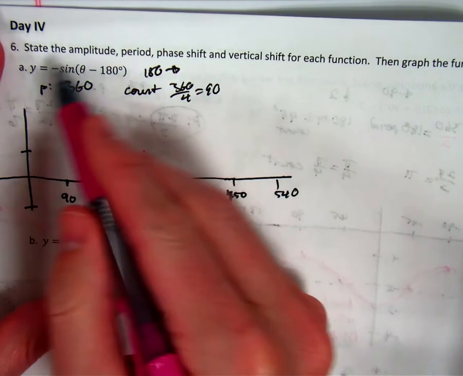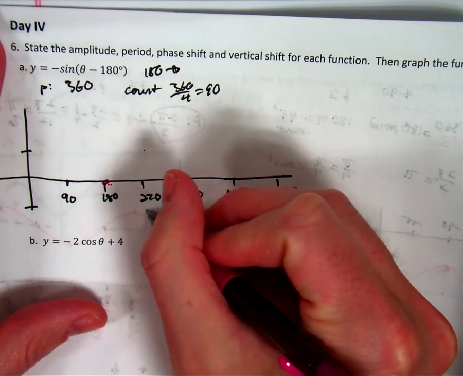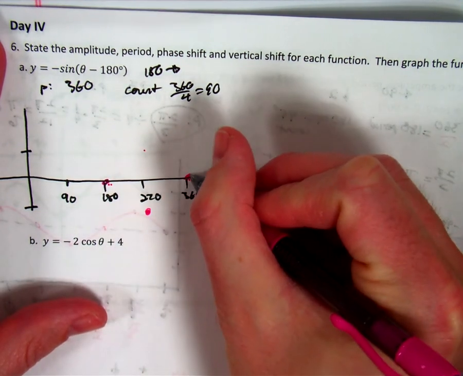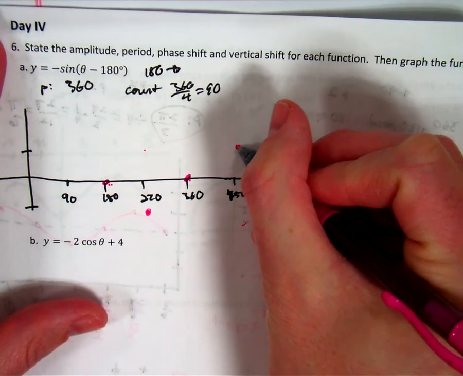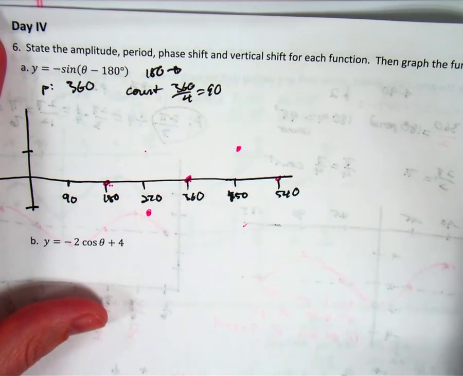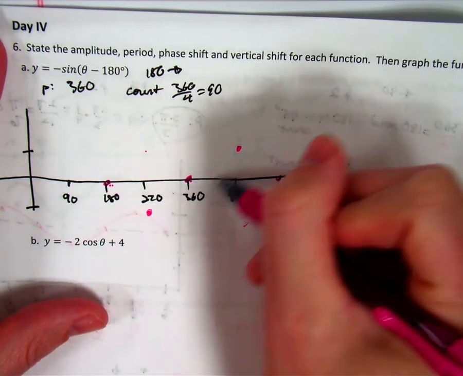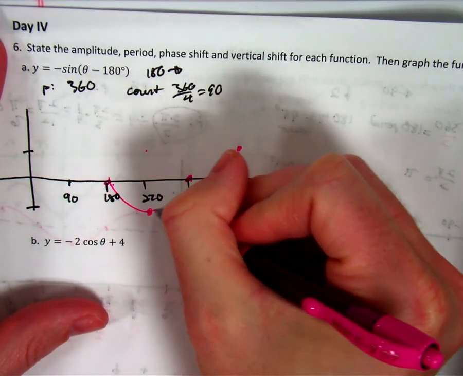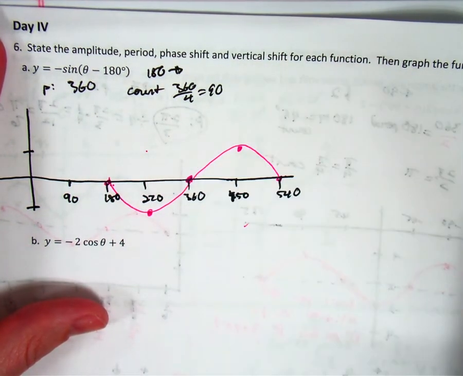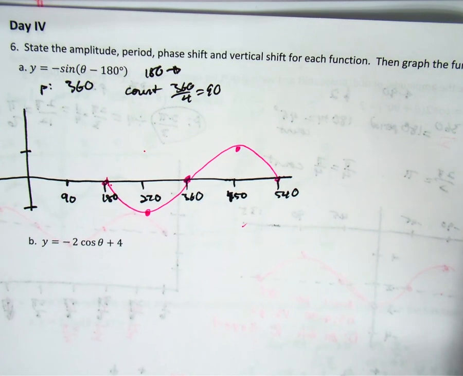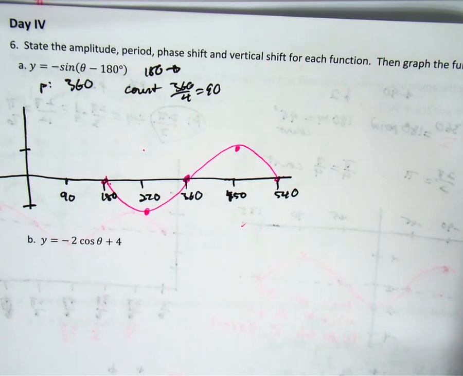So instead of going up first, this negative is going to make us go down first, and then back to the line, and then up, and then there. So instead of sine going up and down, now we're going to go down and up. Negative just flips the order in which you do your points.